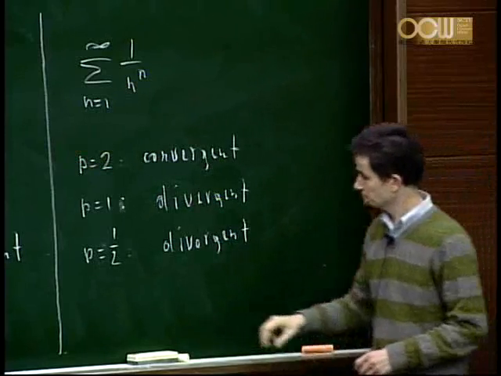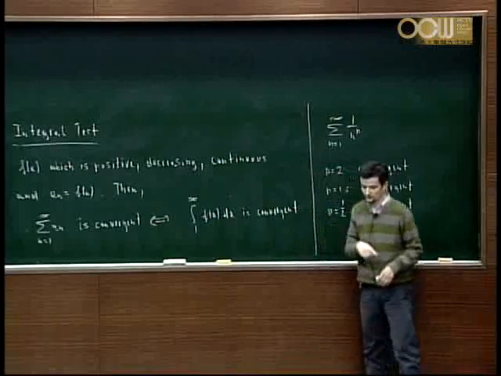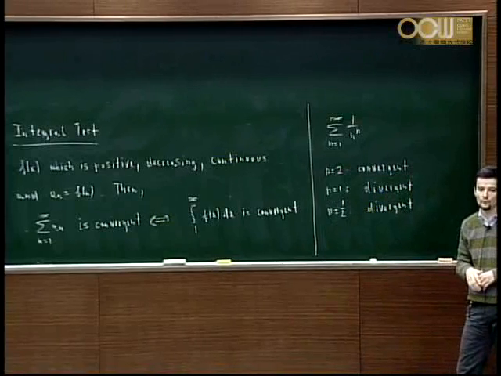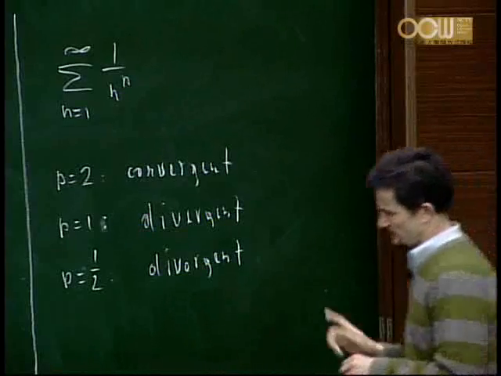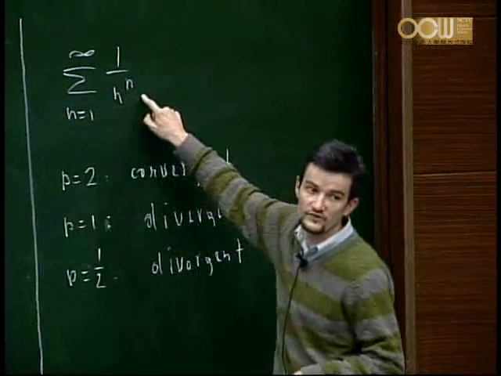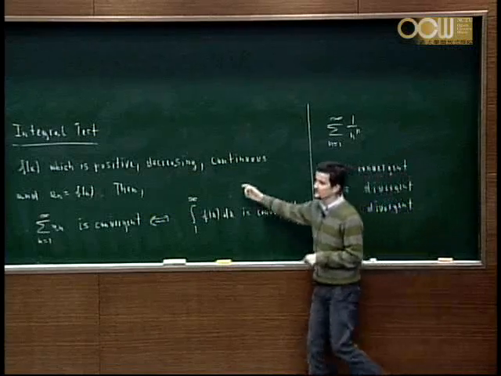Now, actually, the integral from 1 to infinity, dx over x to the p, is convergent if and only if p is larger than 1. The only thing you have to notice is that this test you can just apply if p is larger than 0. For p smaller or equal than 0, you cannot apply this test here.